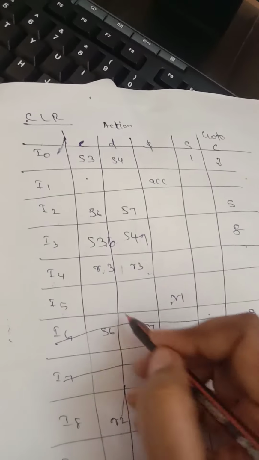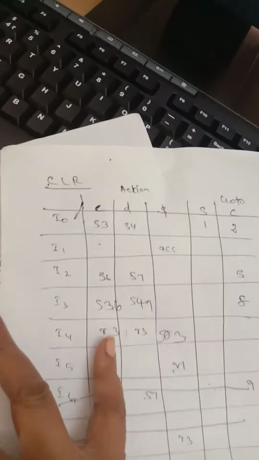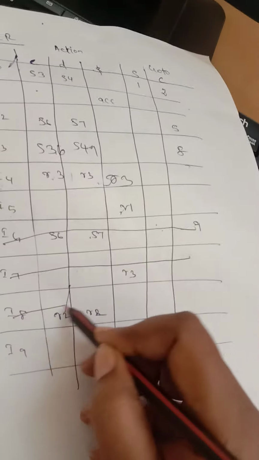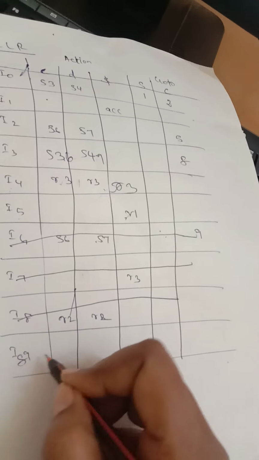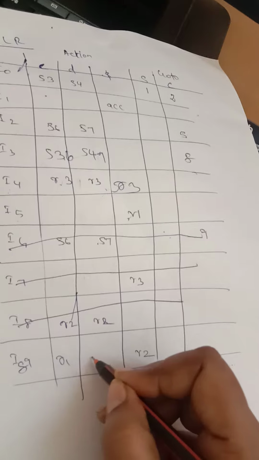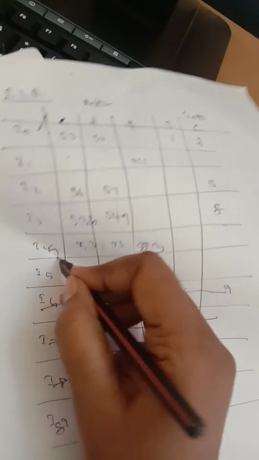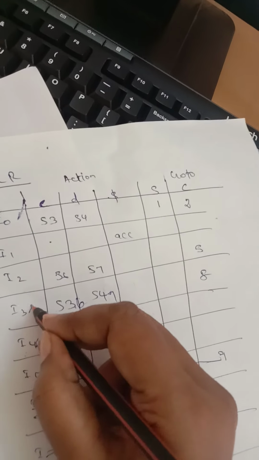So the output here is R3. Next, check states I8 and I9. There also the components are the same, so use only one. Here we mention I89. So use R1, R2, R2. Here we have to use I47. Here you have to use I36.